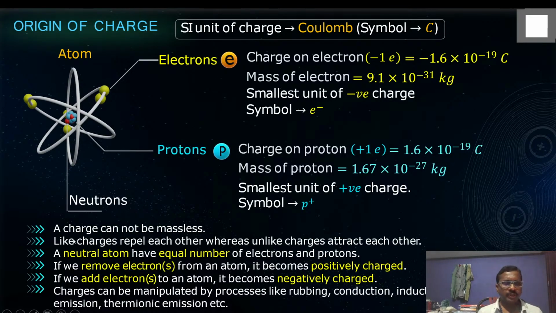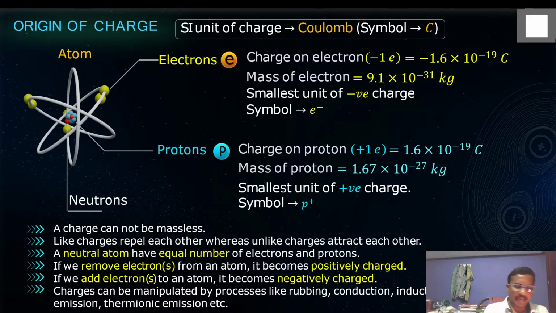You have to see, a charge cannot be massless, it should have mass. Like charges repel each other whereas unlike charges attract each other. A neutral atom has an equal number of electrons and protons. And you know how the charge becomes positive or negative.